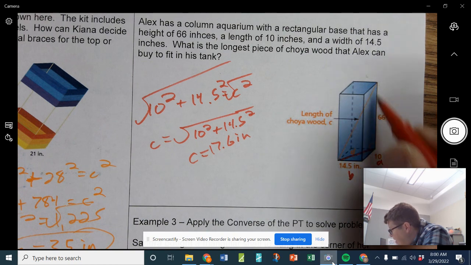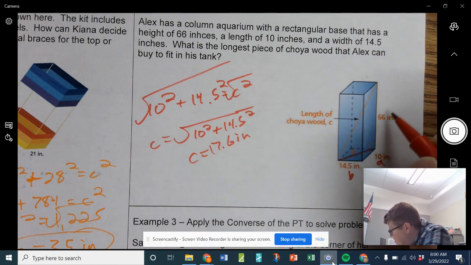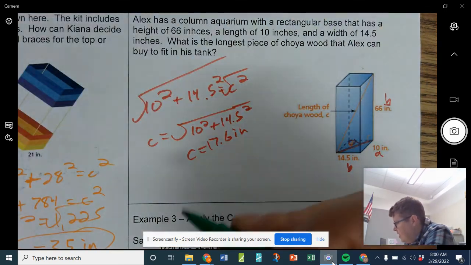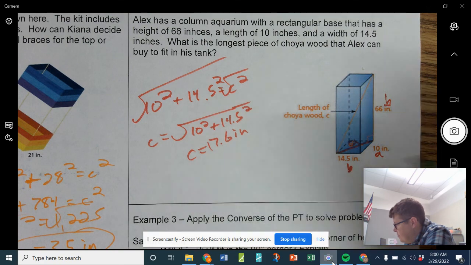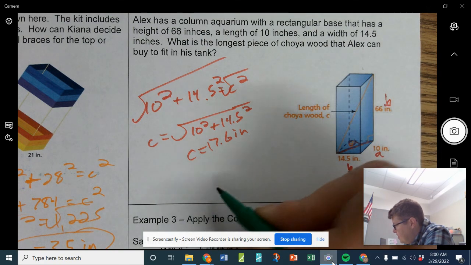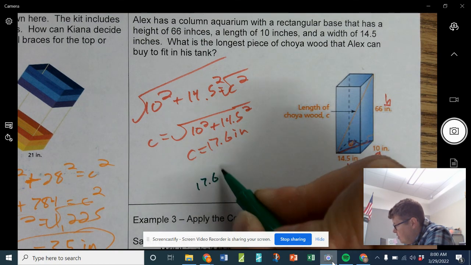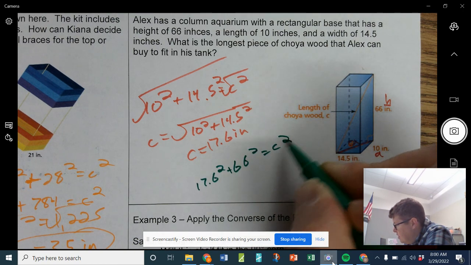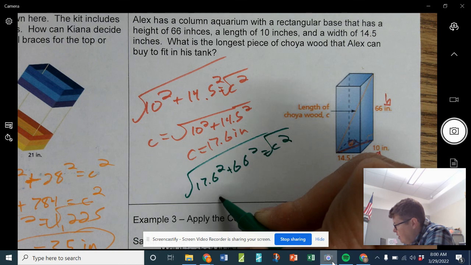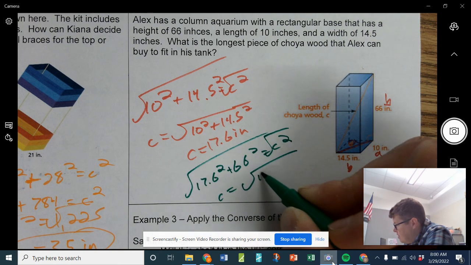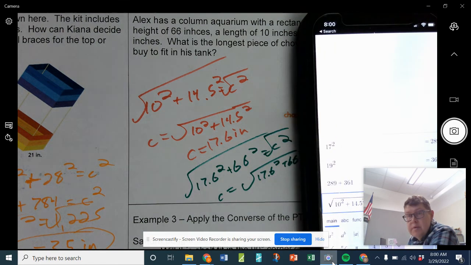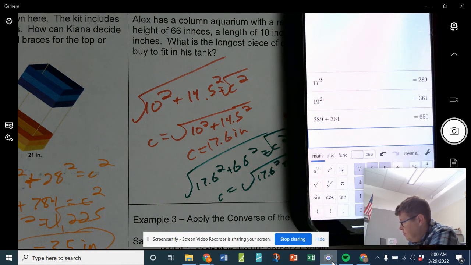And then we have this right here. So this will be our new A value, and this will be our new B value, right? Okay, so then it's going to be 17.6 squared plus 66 squared equals c squared. So we square root here, and I'll just do the easy way again. 17.6 squared plus 66 squared. I'll just throw this in the calculator.